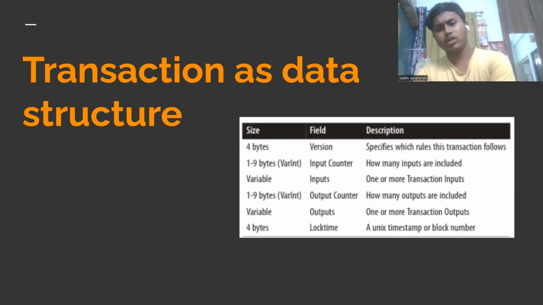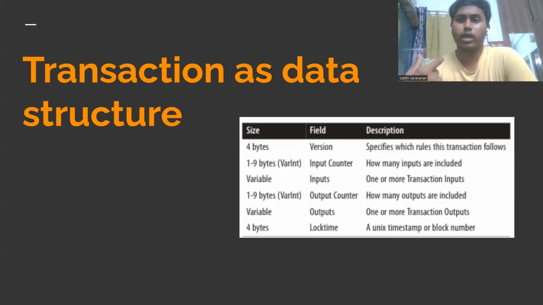Here are the fields required to describe a transaction data structure. The key ones are the input counter and inputs, which represent the input addresses, and the output and output counter, which similarly represent the receiver side, the public address of the receiver. The lock time is another variable which adds a constraint to this transaction.